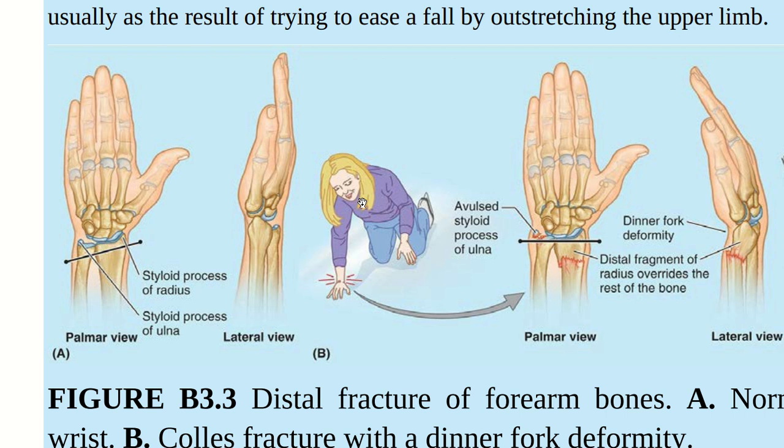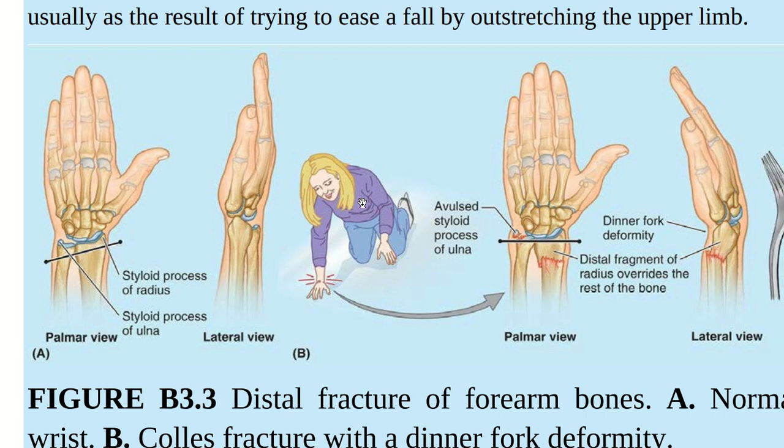The Colles fracture is a fracture of the distal end of the radius, which results from a fall on the outstretched hand. When someone falls on the outstretched hand, they are more likely to have a fracture of the distal portion of the radius. Right. So take note of this.